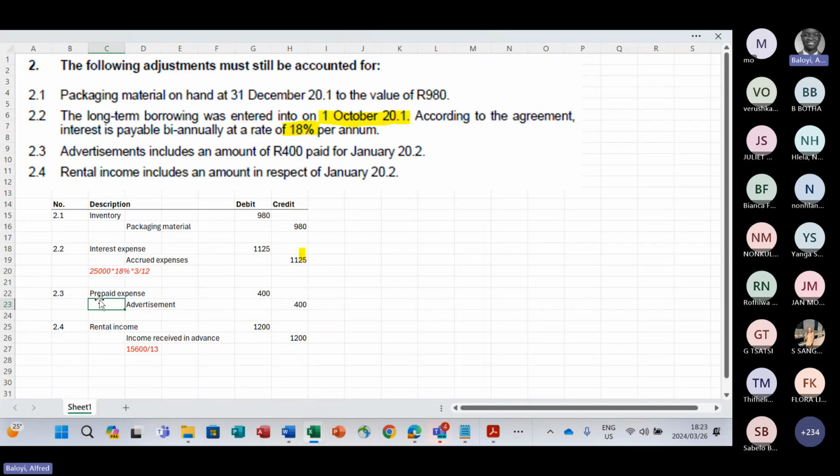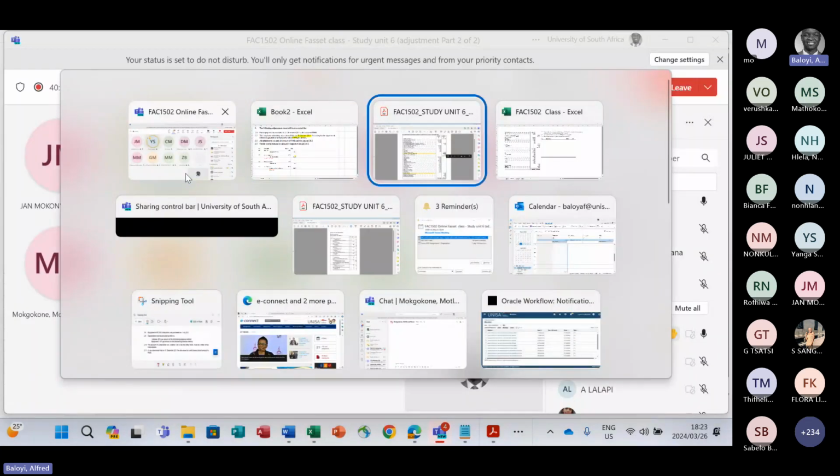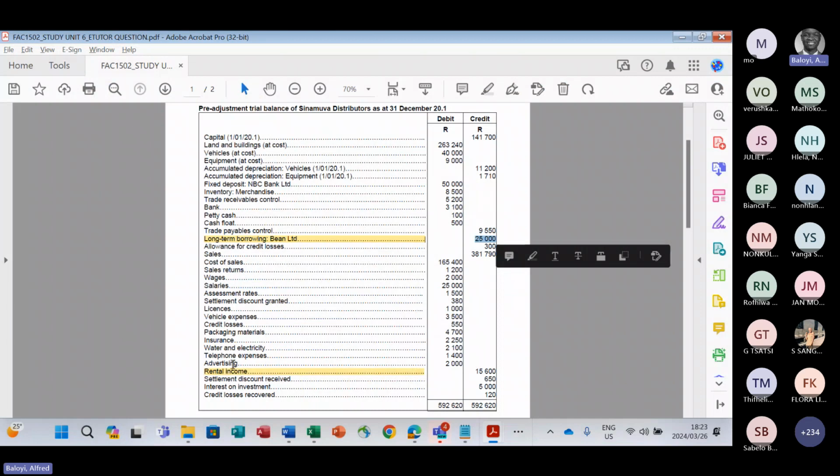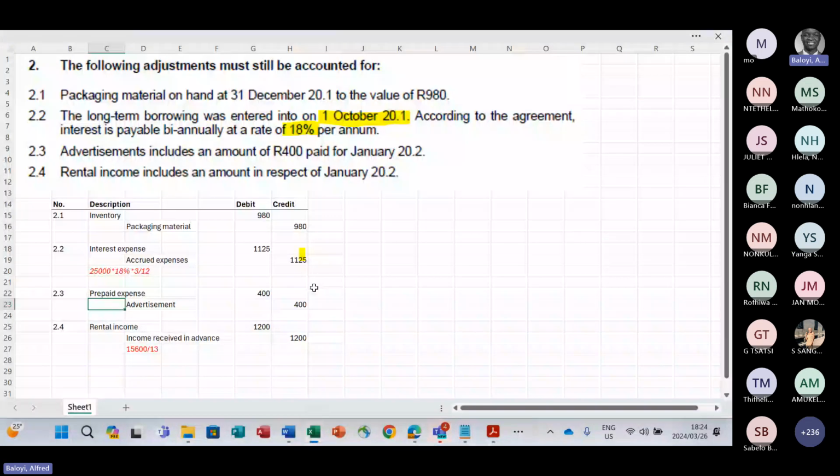Okay. So for rental income, what do we know? We are given the amount that was received for the period, an income of 15,600. That's the only thing we know. And then we are told that rental income includes an amount in respect of January 20.2.